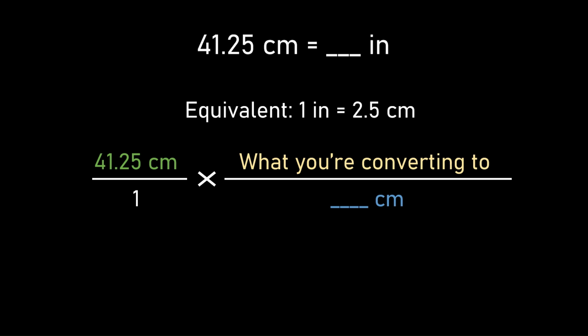And we'll find the number by locating that unit in our equivalent. Our equivalent is that 1 inch is equal to 2.5 centimeters, so we'll be putting 2 and 5/10 next to our unit, and crossing out the centimeters half of the equation so we don't accidentally use it again. Finally, let's fill in what we're converting to, which is just the side of our equivalent that we haven't used yet. In this case, that's 1 inch.